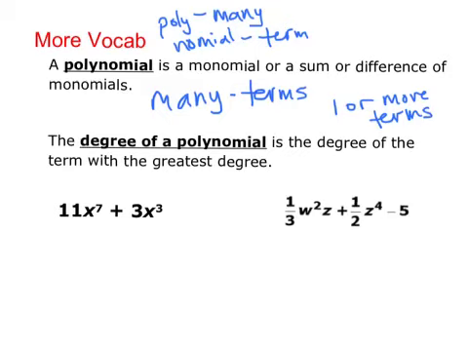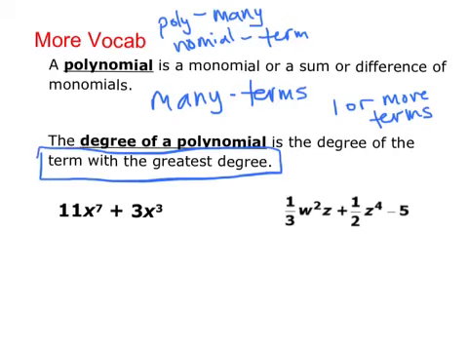And so we talk about the degree of a polynomial, which is a little bit different than the degree of a monomial. It's the term with the highest degree. We look at all the terms of the polynomial, and then we say that the degree of the polynomial is whichever one has the largest degree.